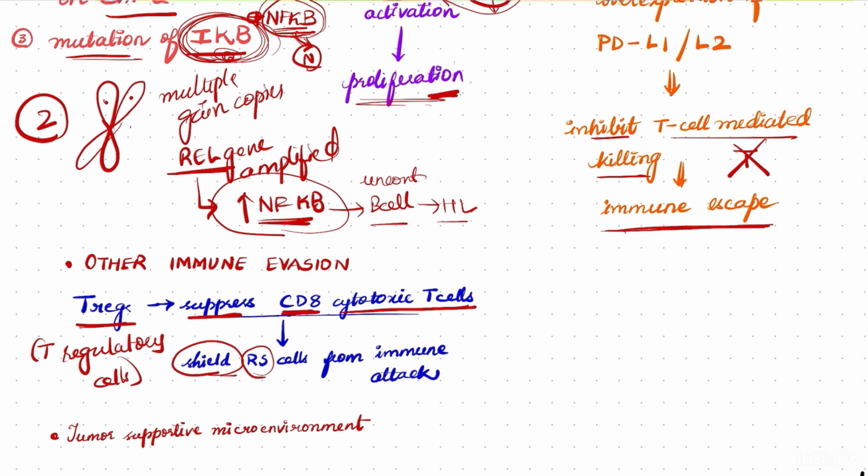That means they are protected from the immune attack by suppressing the CD8 T cells. CD8 T cells are suppressed by TREGs. This is how the T regulatory cells will help this notorious cancerous B cell, the RS cell, to escape from the immune scrutiny or the immune attack.